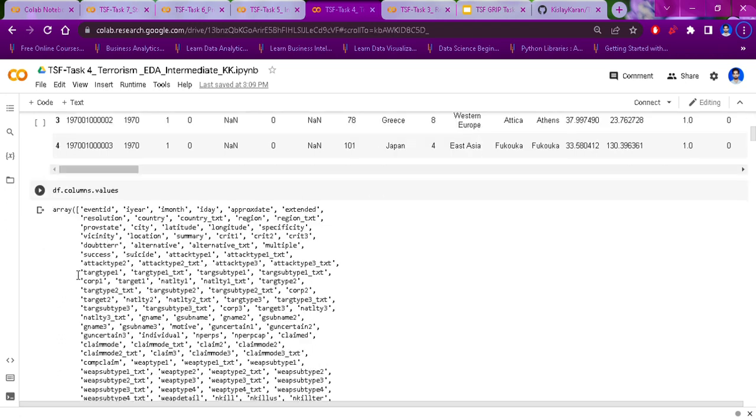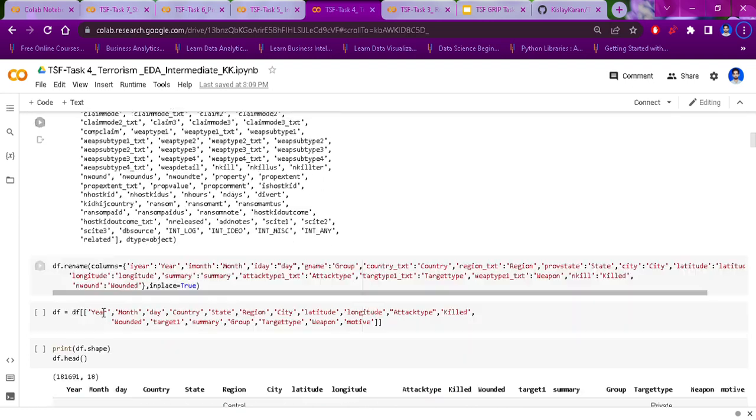First of all, we'll be seeing the values of the columns, and if required, we'll be renaming the columns accordingly for our convenience. So this is how I have renamed the columns, and then selected only the necessary columns for our further analysis.